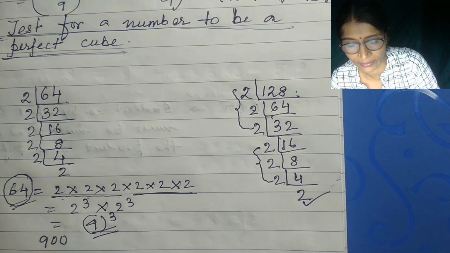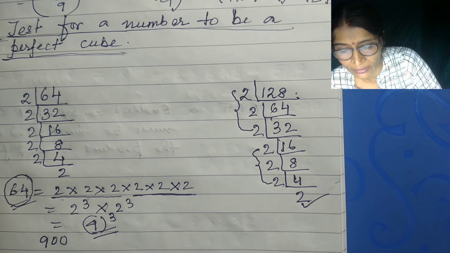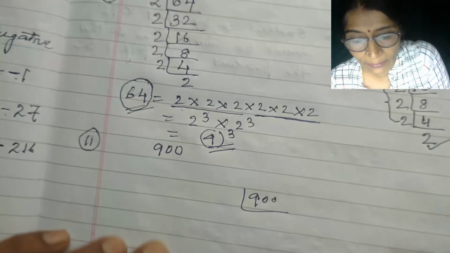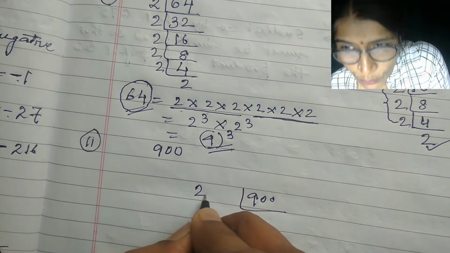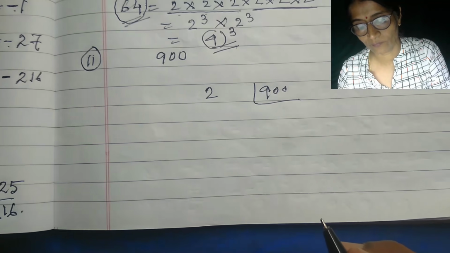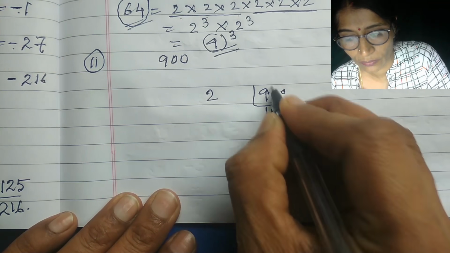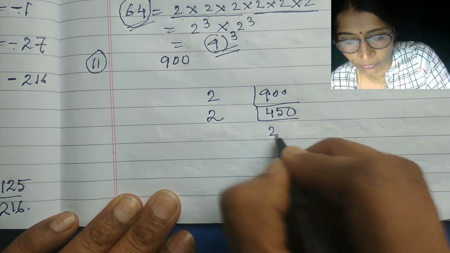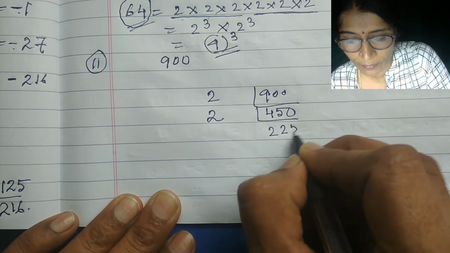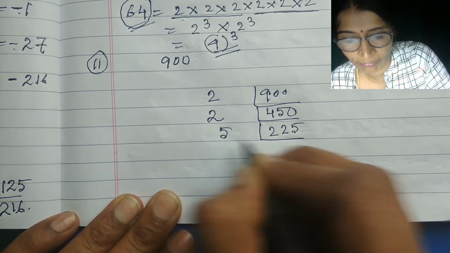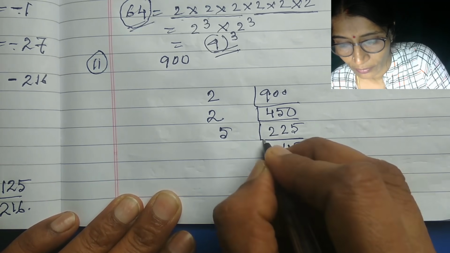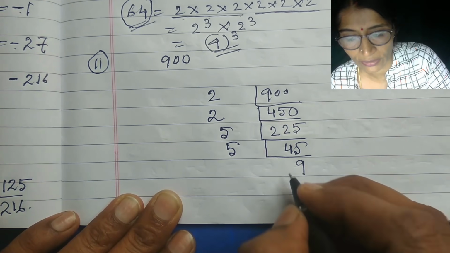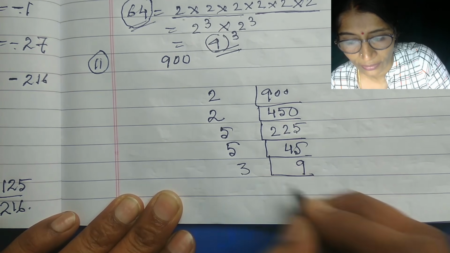Next check 900. So what will I do? I'll do the same method. I will prime factorize it by the prime factorization method. So 2, 2 4s are 8, 1 left over 5, then again 2, 2 twos are 4, then it will be divisible by 5, 5, then 5 9s are 45, and 3 threes are 9.